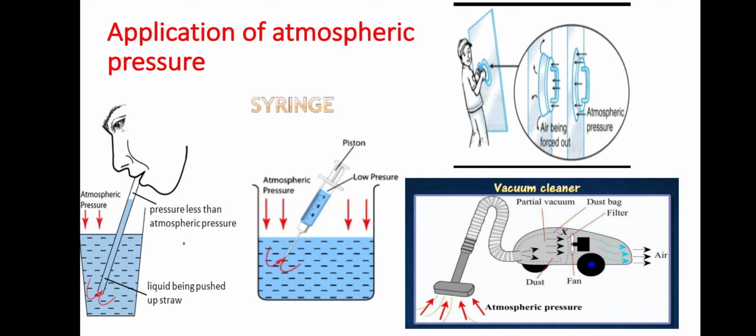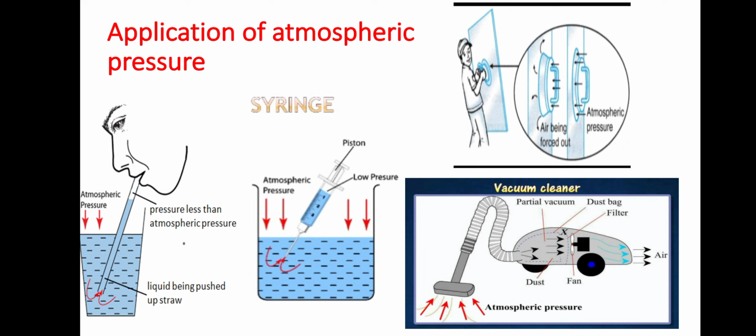We can see that while we suck juice or any liquid through a straw, it easily rises in the straw. It is because the pressure will decrease in the straw as we suck the air, as compared to the atmospheric pressure, and the atmospheric pressure on the liquid will be more.